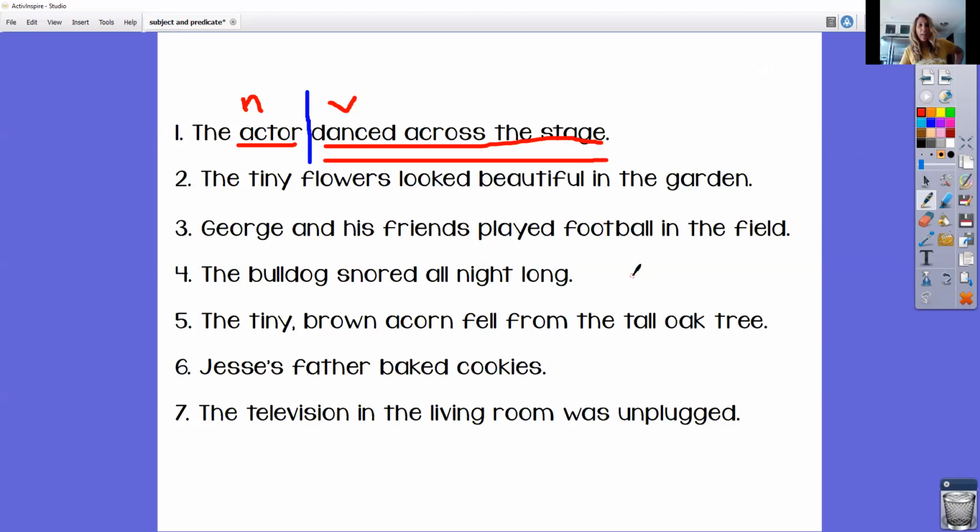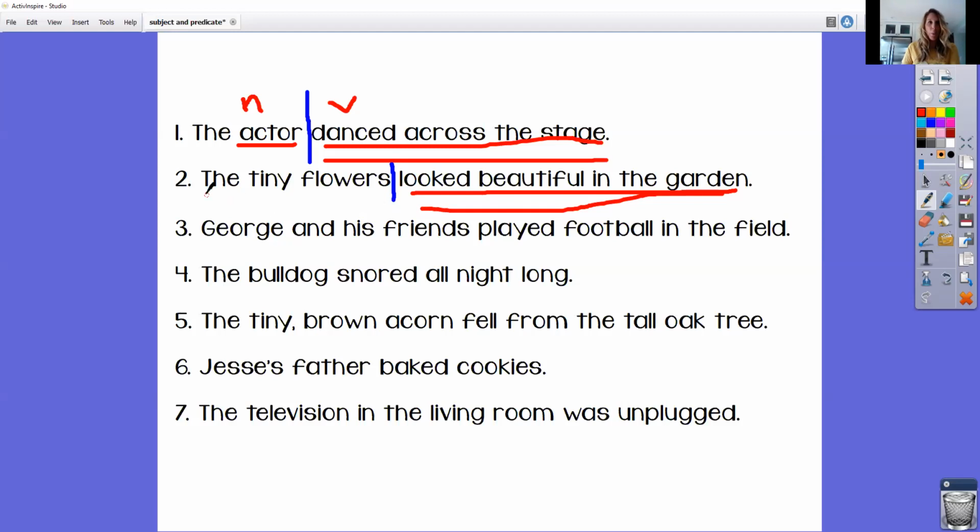Okay, next example. The tiny flowers looked beautiful in the garden. Who or what is that sentence about? Good, the tiny flowers. So we're gonna split our sentence right here, the tiny flowers. And what did they do? They looked beautiful in the garden. So our predicate is the back side of the sentence.